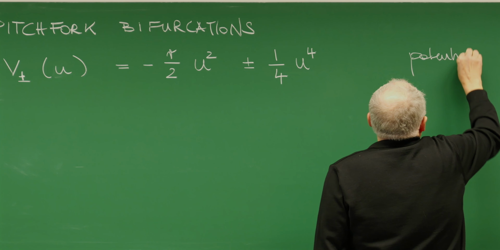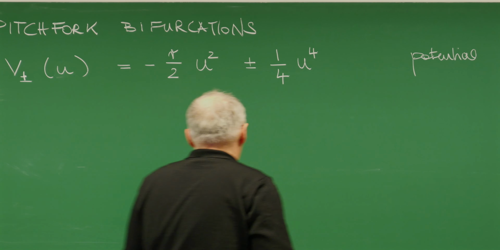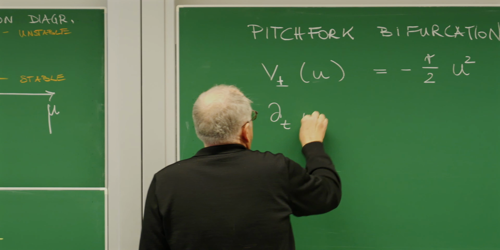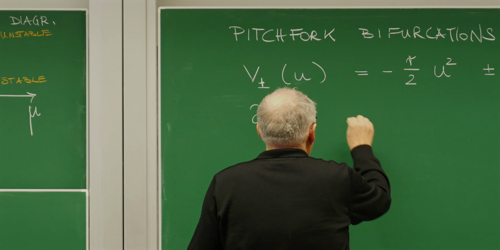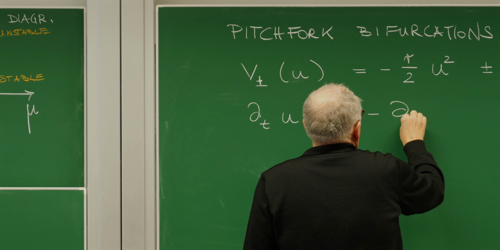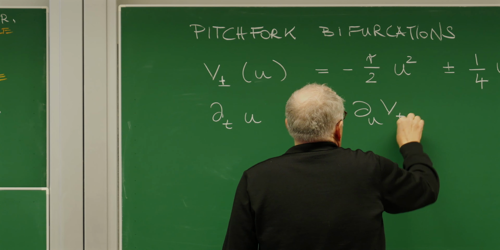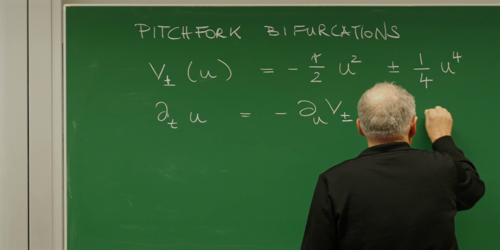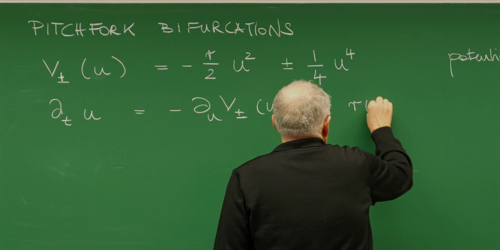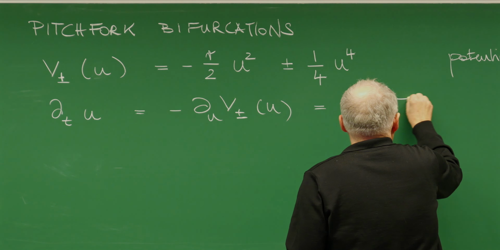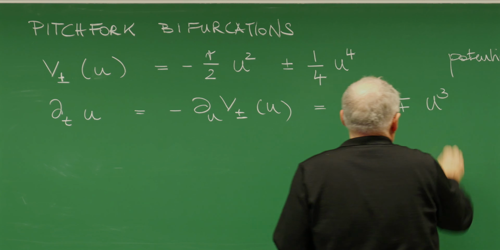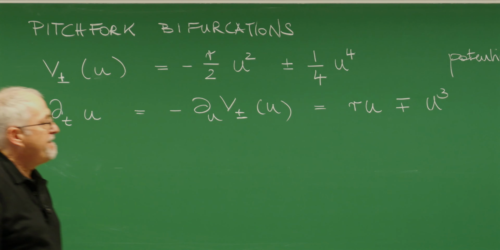And with that potential, which is a double well potential, you can write an equation of motion which is just the derivative of these potentials as a function of u, equals r times u minus or plus u to the third.